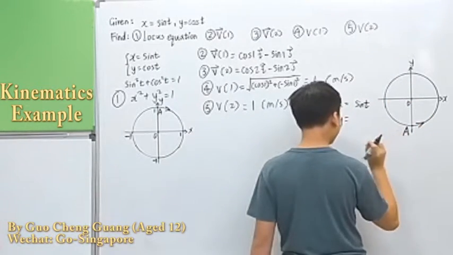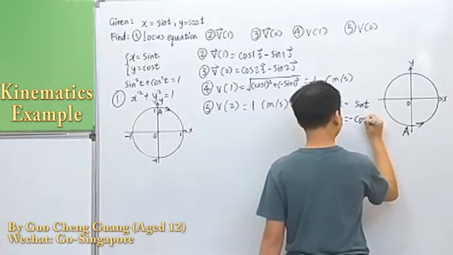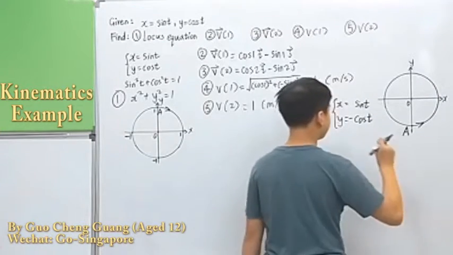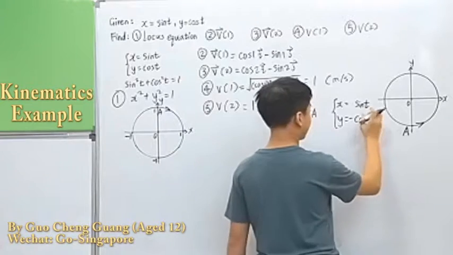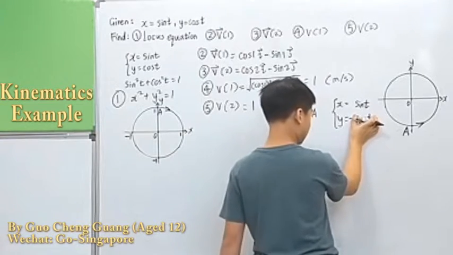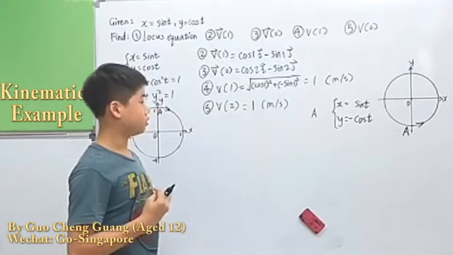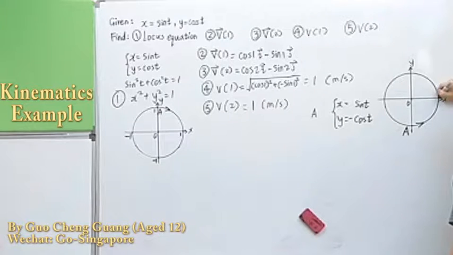Now for our y over here, since it is a negative one, it has to be a negative cosine t. Then after that, when this part gets smaller, this part goes up. Okay, something like that.